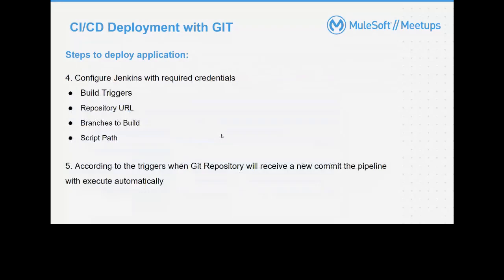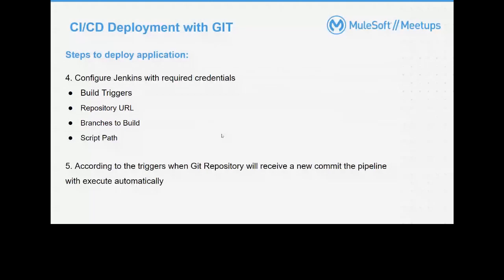The fourth step is to configure Jenkins with the required credentials, which includes the build triggers, the repository URLs, the branches on which the pipeline will be built, and the script path. According to the triggers we have defined, the pipeline will execute automatically.